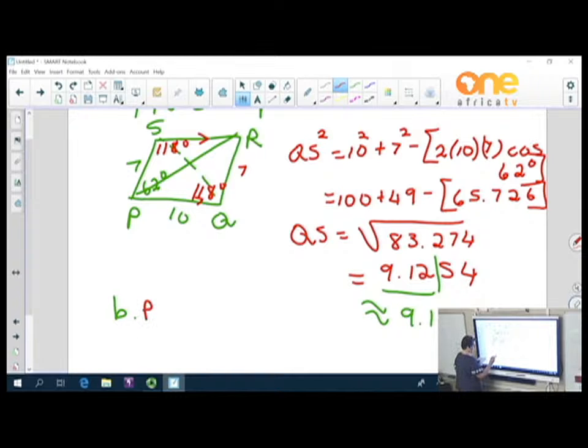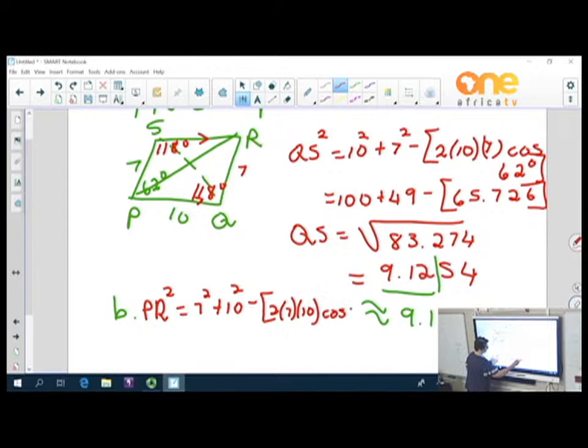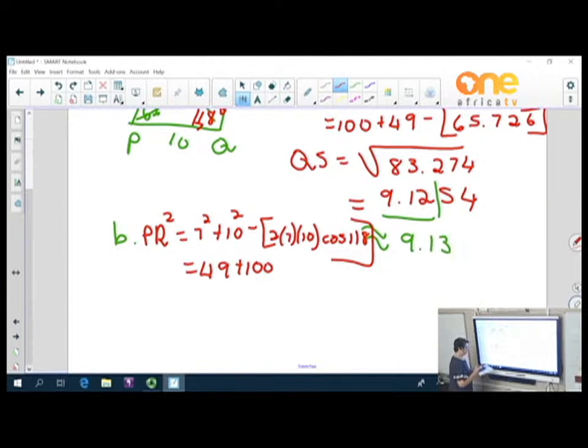So I can say that PR squared is equal to 7 squared plus 10 squared minus 2 times 7 times 10 cosine, and now we use 118 degrees, which is again an obtuse angle. So 49 plus 100, and then in the bracket there, 2 times 7 times 10 cosine 118 degrees.